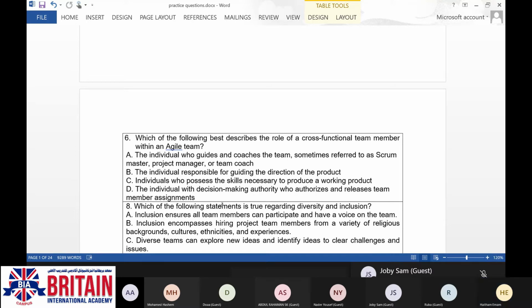Additionally, regardless if you understand this or no, when it comes to answer A, the individual who guides and coaches the team, sometimes referred to as a scrum master, sometimes called project manager, sometimes called team coach. In agile, we are not going to have what we call the project manager.